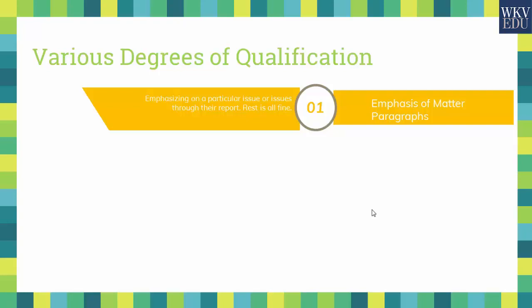However, there is a particular issue that the auditor wants to bring to light for the stakeholders to take key note of. That's it. So he or she might want to write a paragraph emphasizing that particular issue. However, the rest of the things are fine according to him or her.